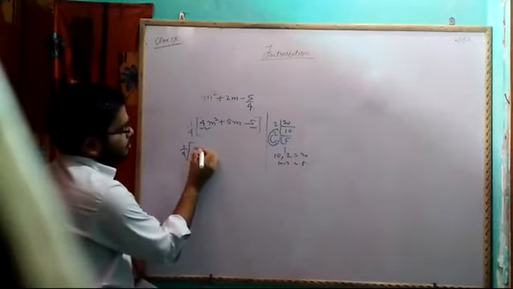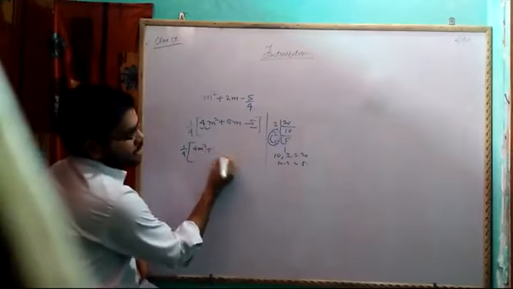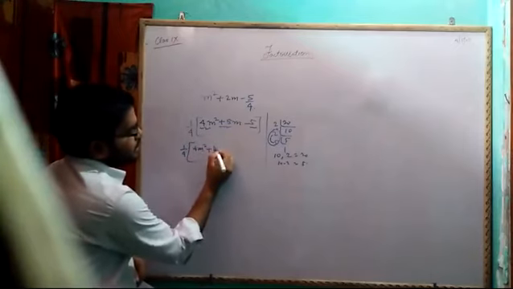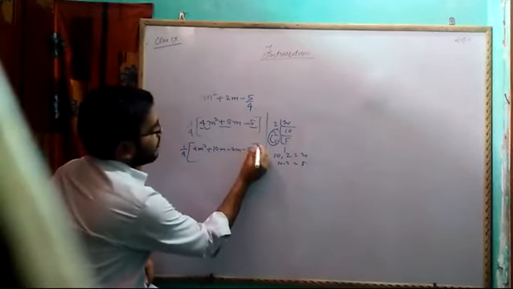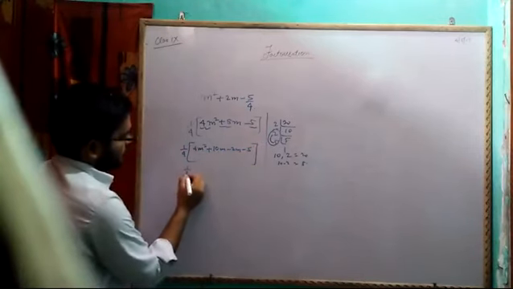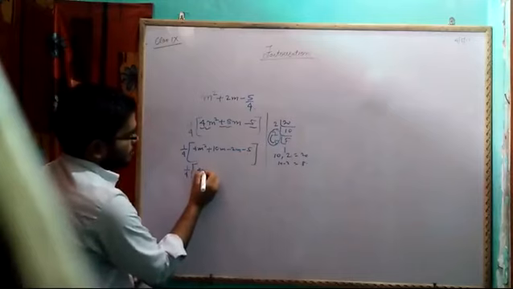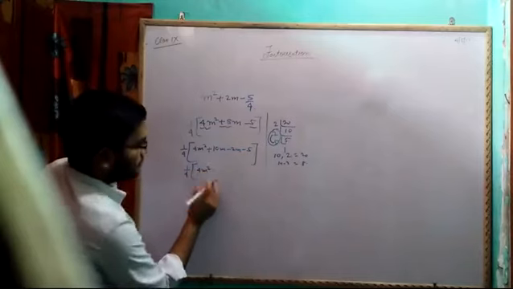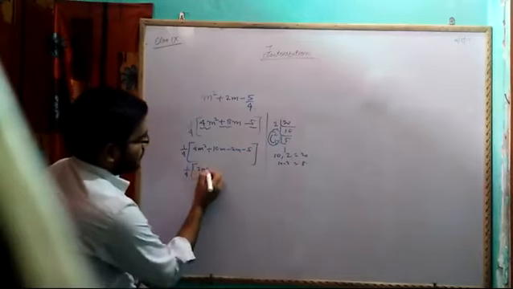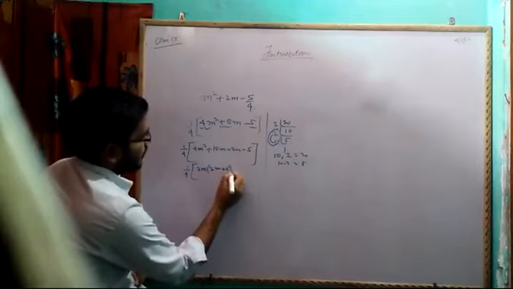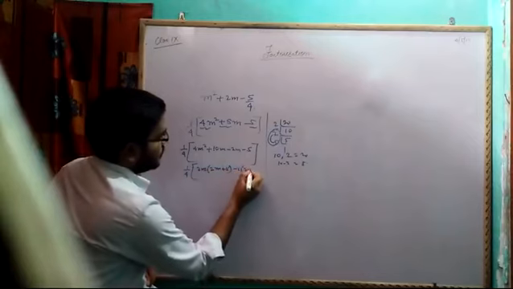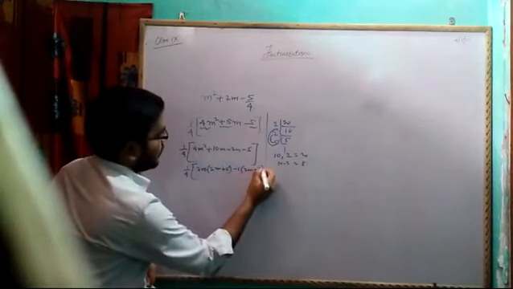So I am having 4m square, we want plus here, so I will take 10m minus of 2m minus of 5. So 1 by 4, 4m square, 2m, sorry, we can take common now, 2 into 2m plus of 5 minus 1, 2m plus 5.